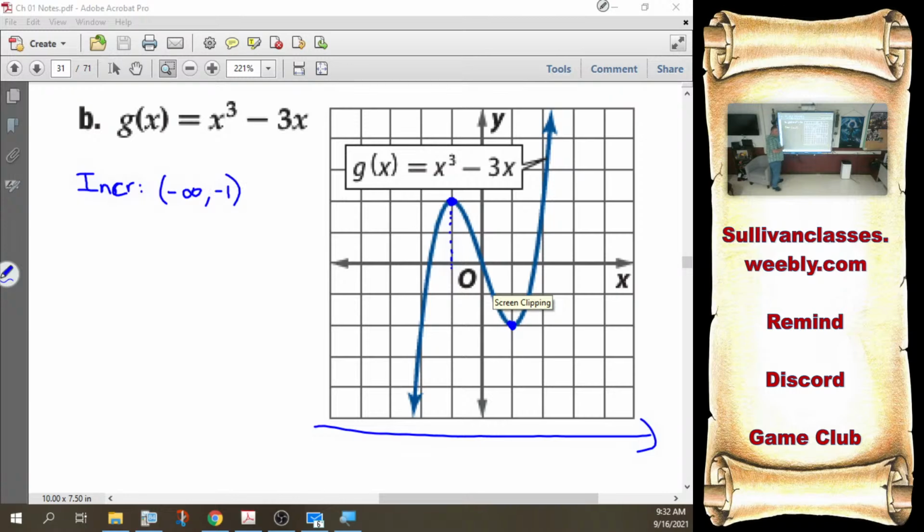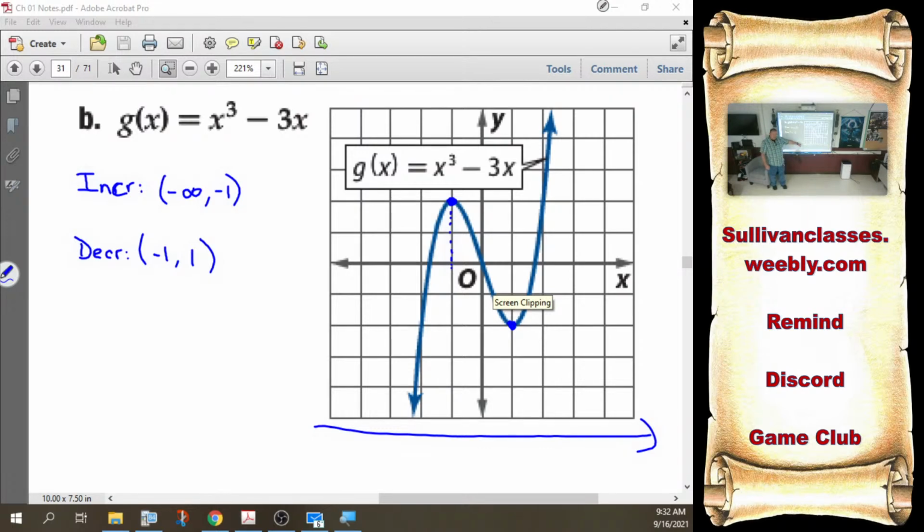Okay? As x's are doing this, my y's are increasing. And then it decreases from -1 to where? +1. Don't say -2. As my x's go from -1 to 1, my function is decreasing.